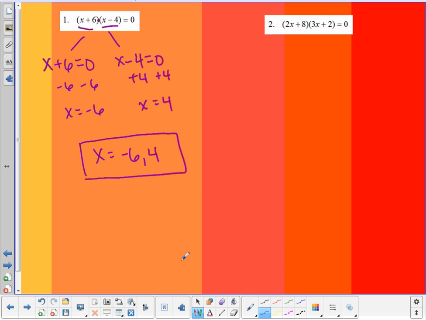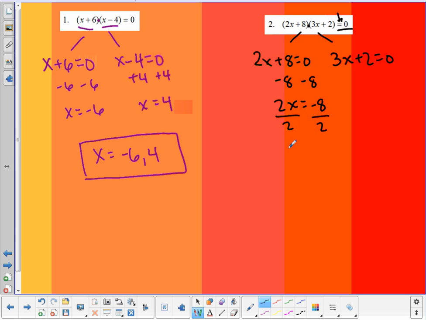Let's take a look at number 2. I have these two binomials that are again being multiplied and they're set equal to 0. So I know I need to solve here because of that equal sign. I'm going to split them apart into their two separate equations. I have 2x plus 8 equals 0, and also 3x plus 2 equals 0. Solving the one on the left, I subtract 8, and I get 2x is equal to negative 8, and then I divide by 2, and I get x is equal to negative 4.